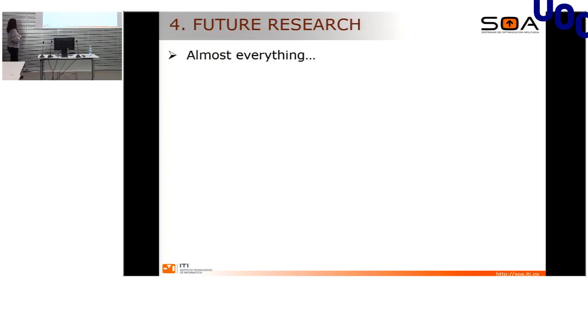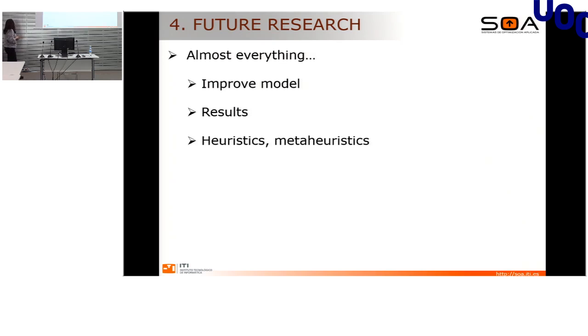It's not future, it's present research, indeed. We are improving the model in order to obtain better results, because 5 container requests is almost nothing. And we are working hard on the heuristics and metaheuristics methods.